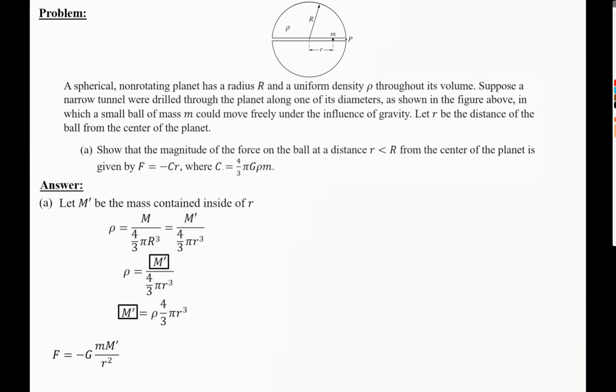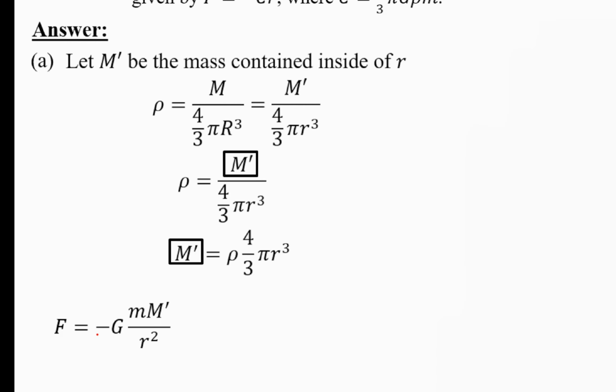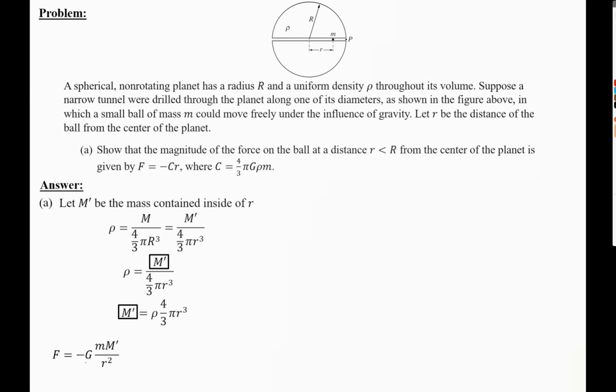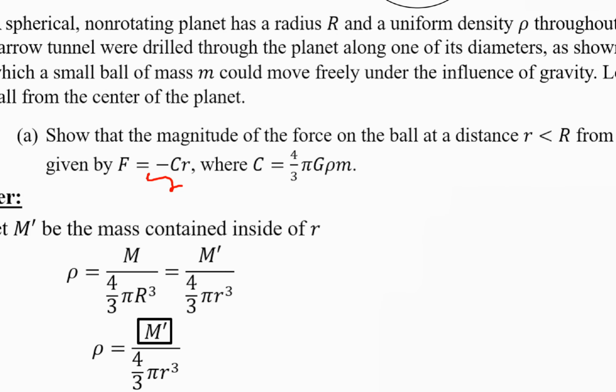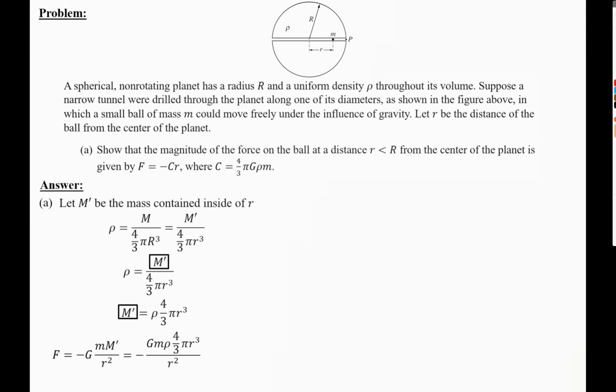Now we can use Newton's universal law of gravitation, and notice that I have used the form which is the force and not the magnitude in order to compare it with this perfectly. Now replacing m prime, which is given by rho times 4 over 3 pi r cube, applying the cancellation for r, it will become linear.